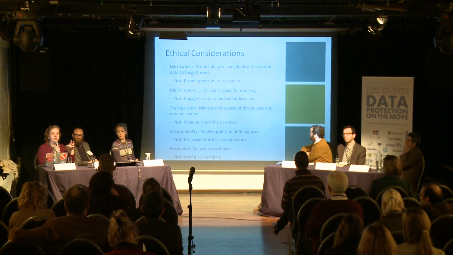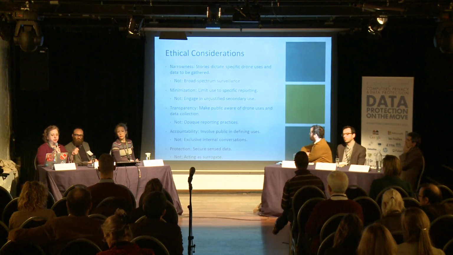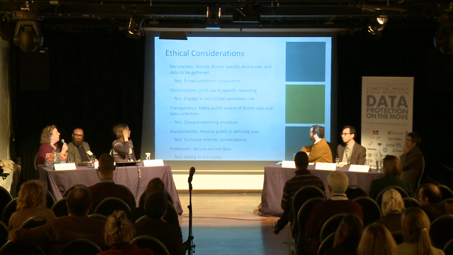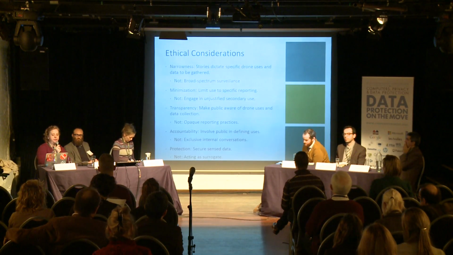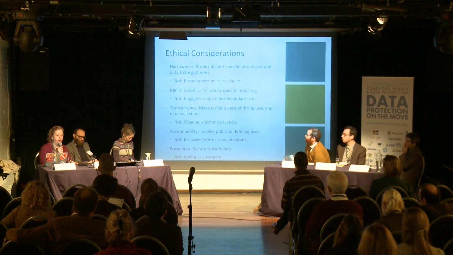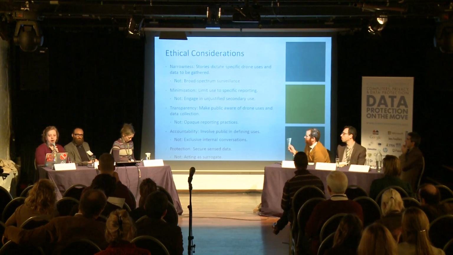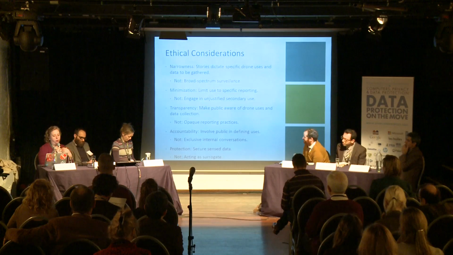And that means using the data that's sensed or the information that's gathered specifically for that story and not engaging in broad secondary uses. I think we could do a lot better with being transparent with our publics about our reporting practices, why, when, and where UAVs would be used, and not being opaque about what that means for them.